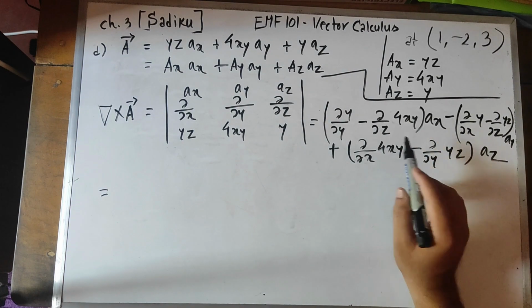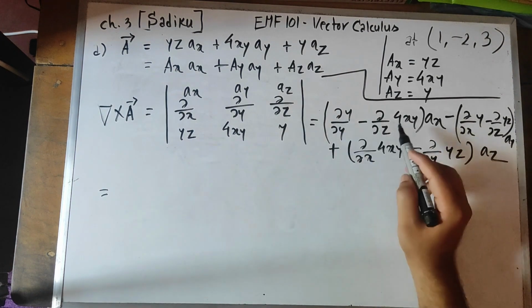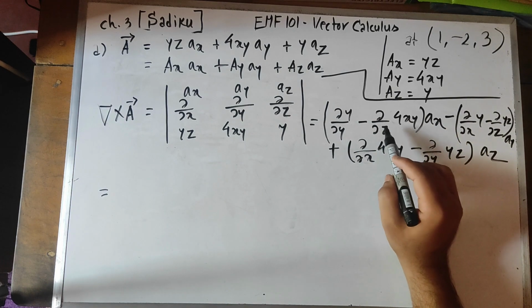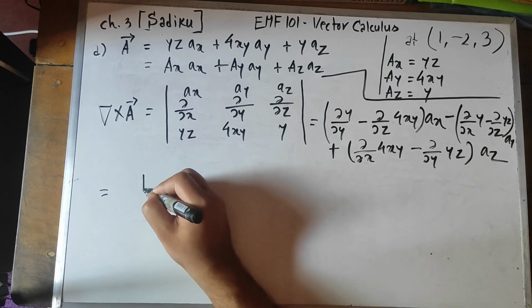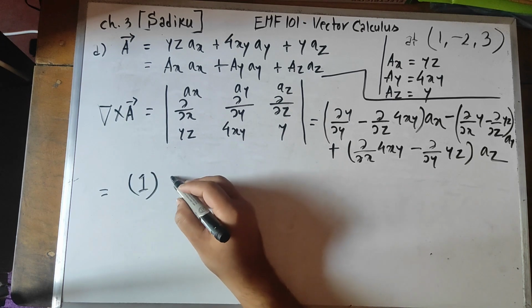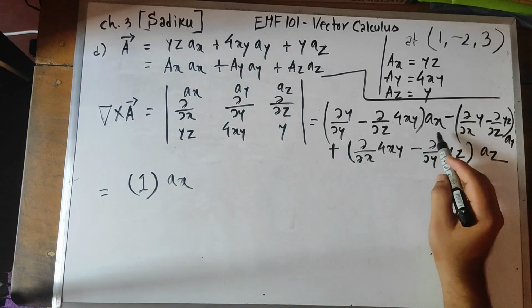Now just doing the partial differentiation, this becomes 0 because there's no z, and this is 1, so 1 ax.